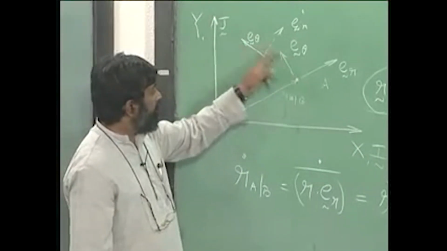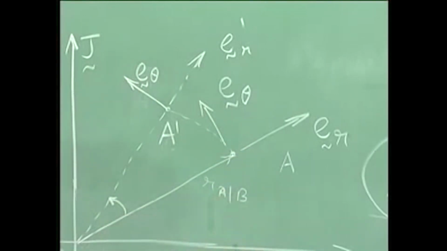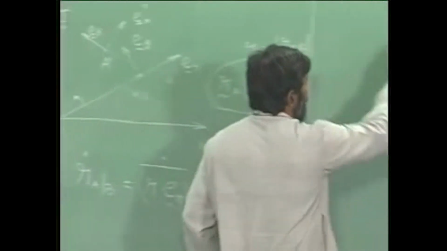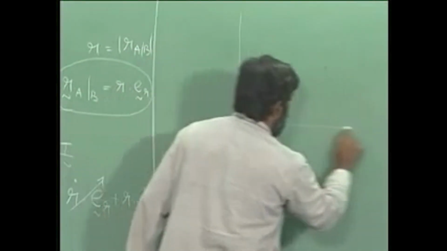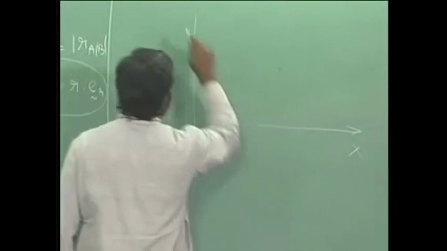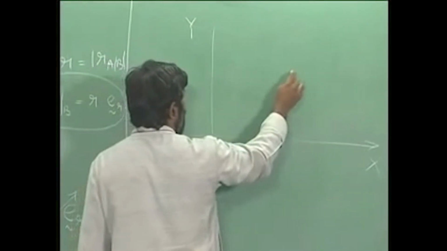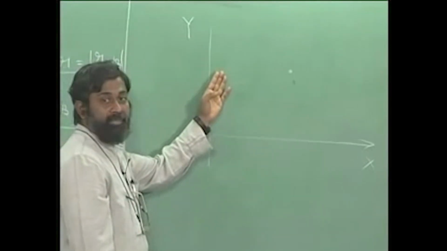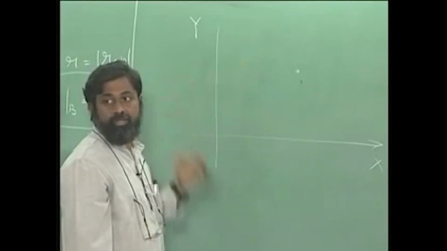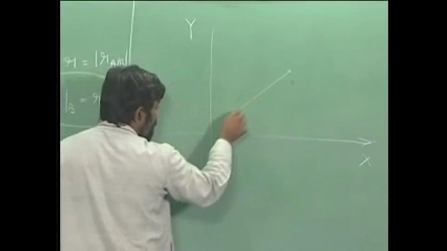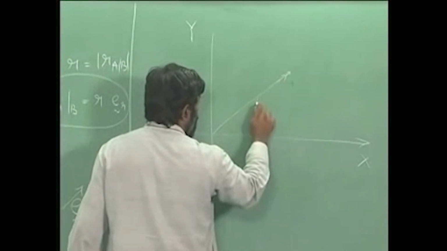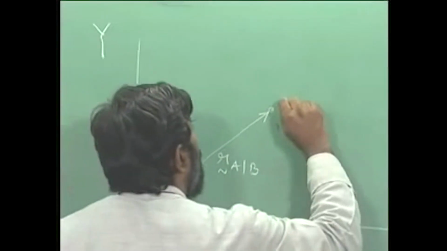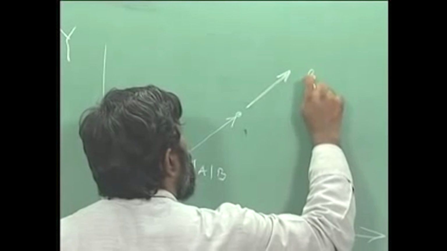From an understanding of how it is changing here, I should be able to find out what is ER dot. So, let me just use a separate figure over here in order to understand this. Let us say this is at time t, and at time t plus delta t I will draw one more configuration. So, this is the vector that you have, R of A B, this is ER.